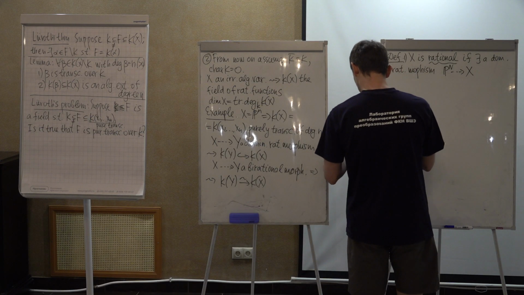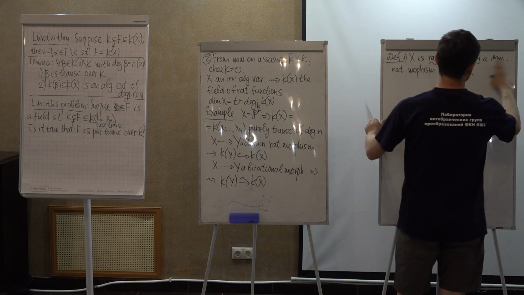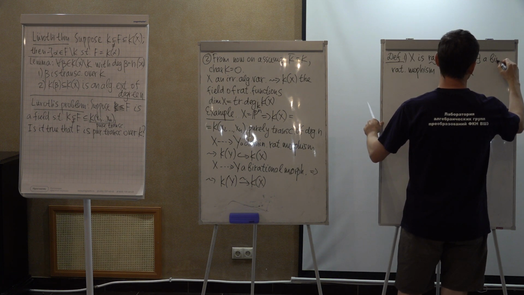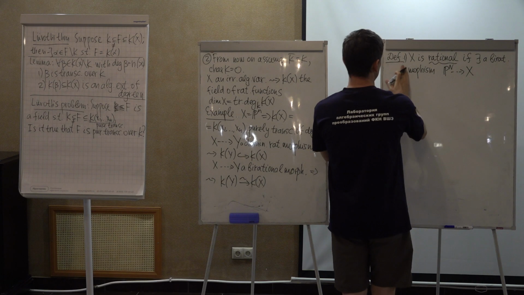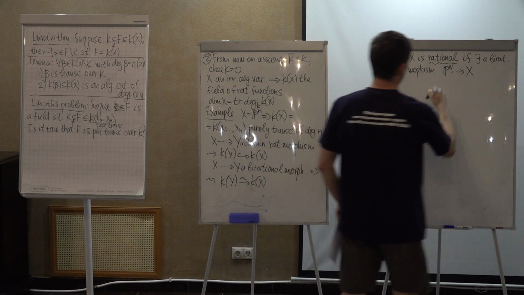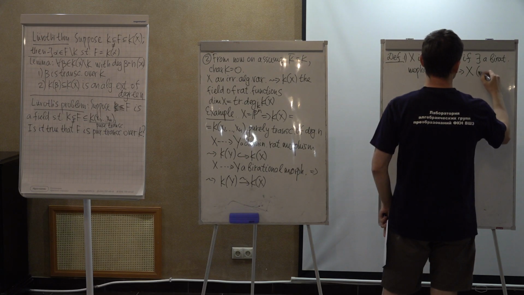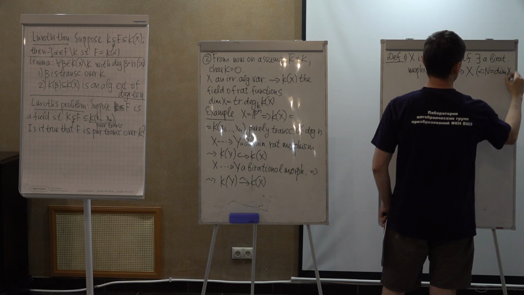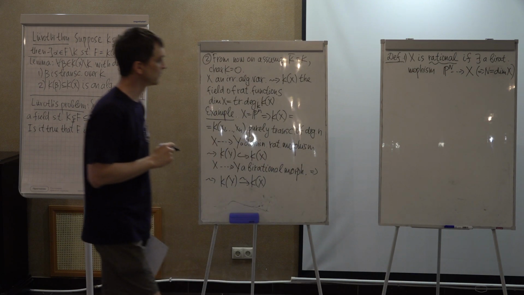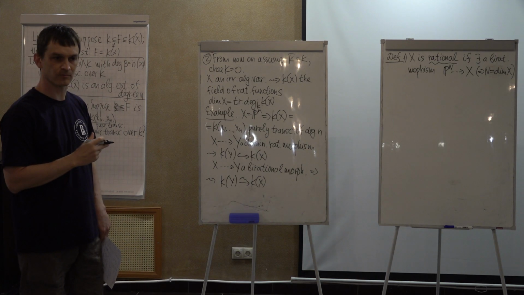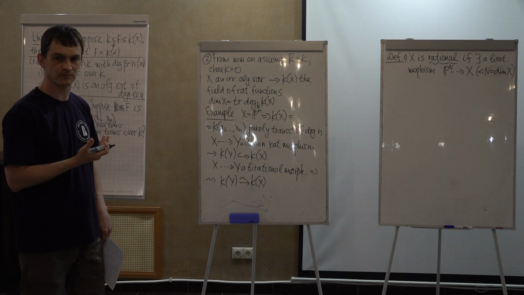No. So this is the wrong definition. So here I need to take birational. So a birational morphism from P^n to X, which implies that in this case the dimension is actually equal to n. Okay, so a rational variety is a variety which is birationally isomorphic to the projective space of some dimension.